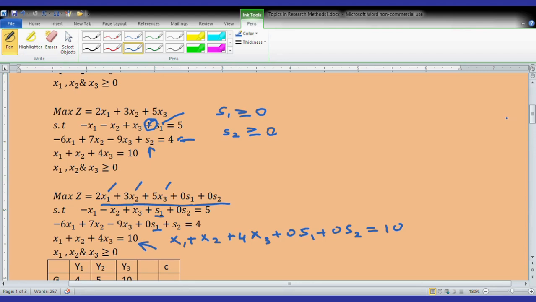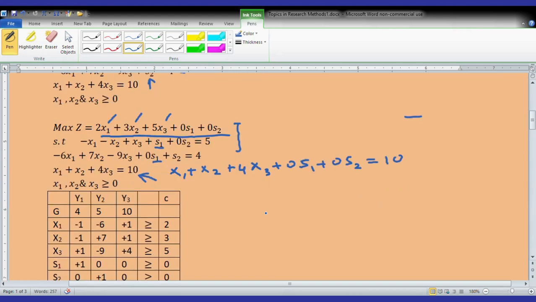Every maximization problem has a dual in terms of minimization, and every minimization problem has its dual defined as a maximization problem. Here we are dealing with a maximization problem, so we need to convert this maximization problem into a minimization problem.